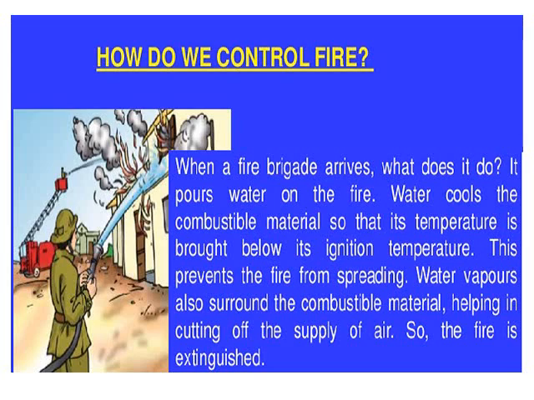This prevents the fire from spreading. Water vapors also surround the combustible material, helping in cutting off the supply of air. So the fire is extinguished. So the simple way to extinguish fire is to spread water on the combustible material.